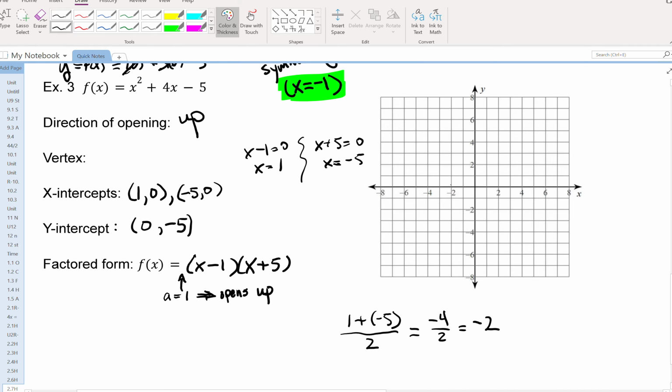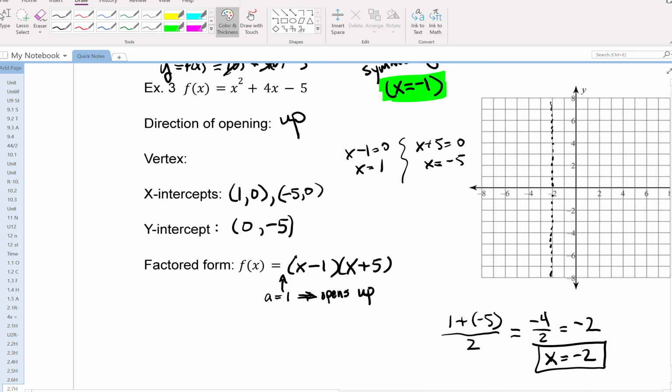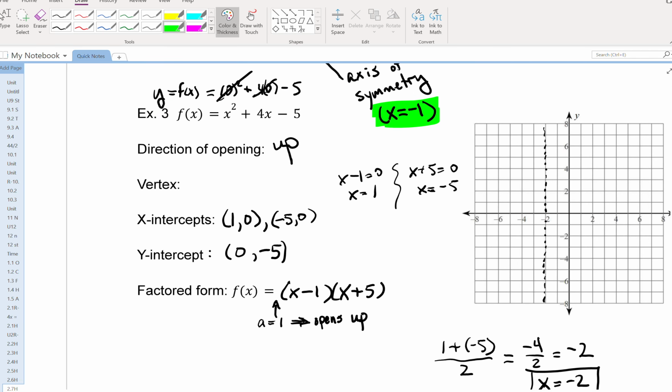That means my axis of symmetry is that line. X equals -2. And then I know that my vertex is also going to be on that line. And so I can then just plug it back in. And you can plug it in up here in the original, or you can plug it in here. You can plug it into both just to make sure that that's what works. I think working it in the bottom is probably a little bit easier.